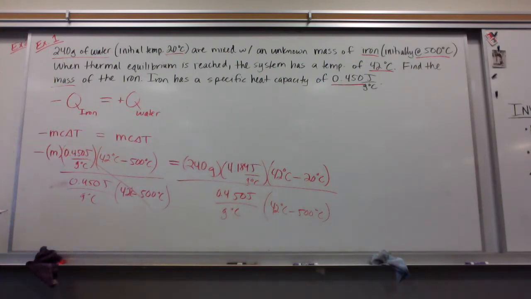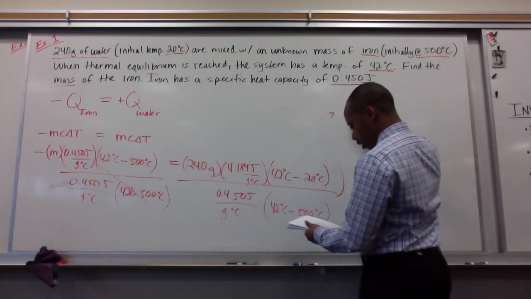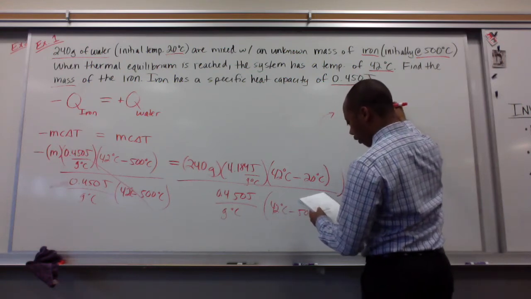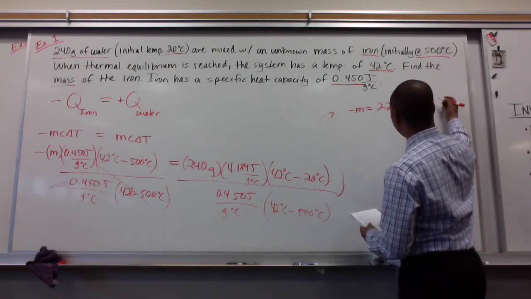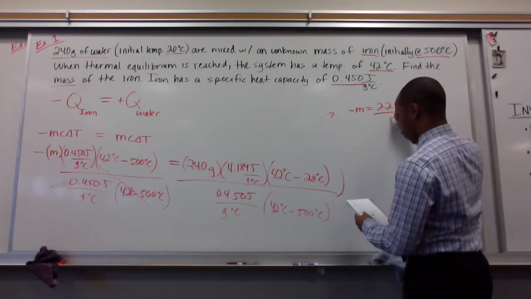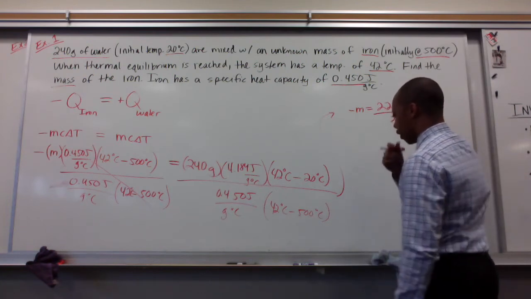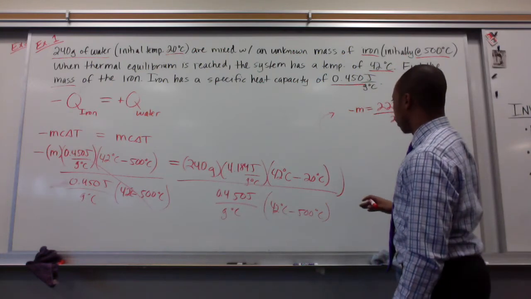When I do that, I'll get approximately, and I'll write this up here, I'm running out of room, that negative M equals 22,901.52 divided by 206.1. Now that would be what this stuff is.